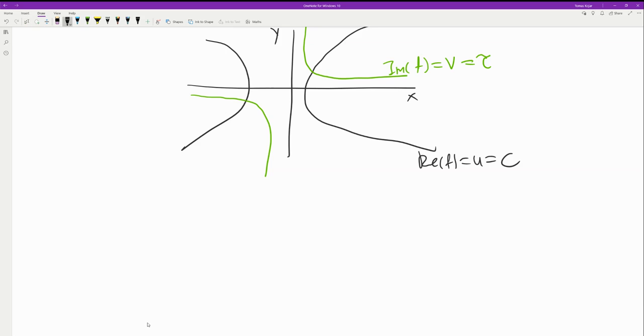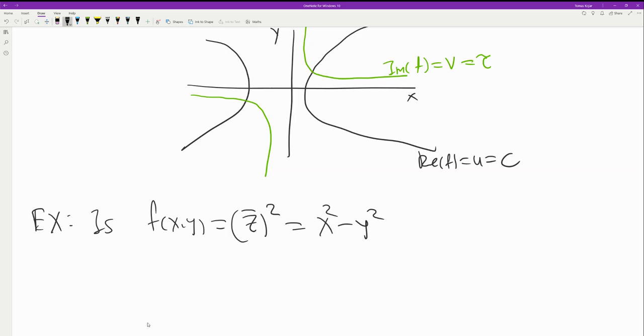So question, is f of xy equal to z bar squared, is this guy analytic, complex differentiable?